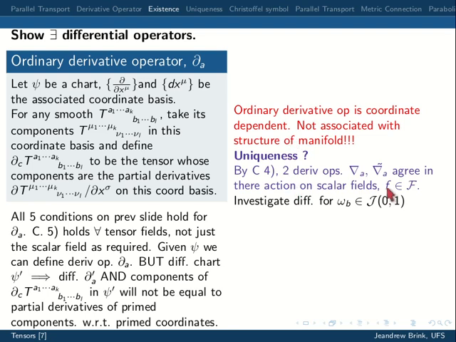Now let's go up one step more complicated and see what happens when we differentiate a 0-1 tensor. The way we're going to do it is we're going to apply the one derivative operator to some function times a 0-1 tensor, and subtract off the other derivative operator applied to the function times the 0-1 tensor.